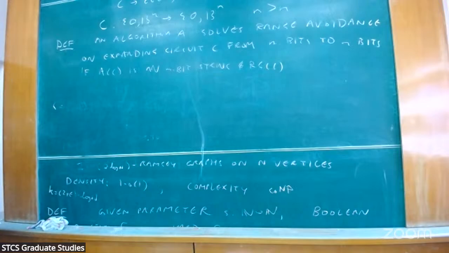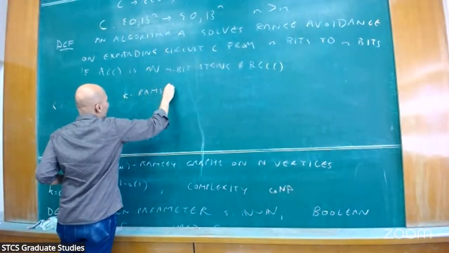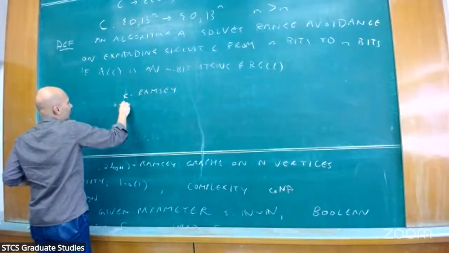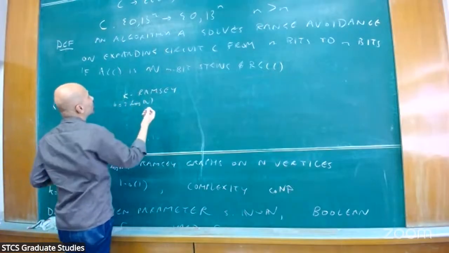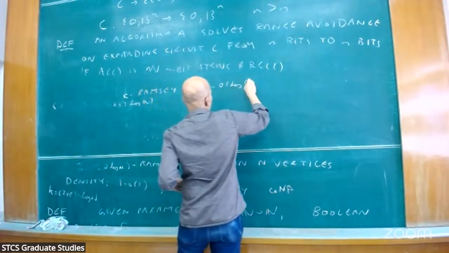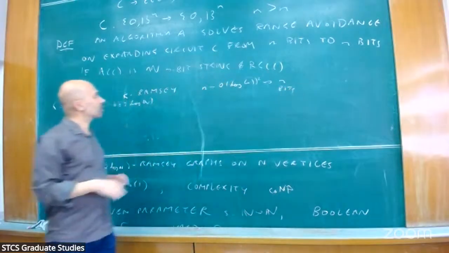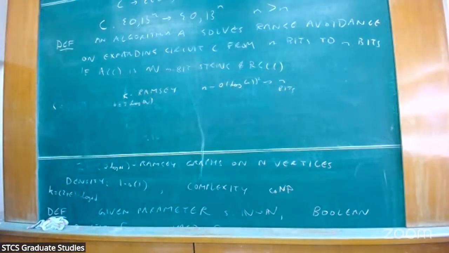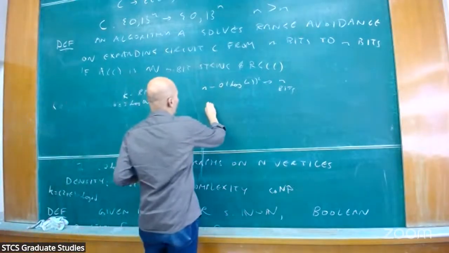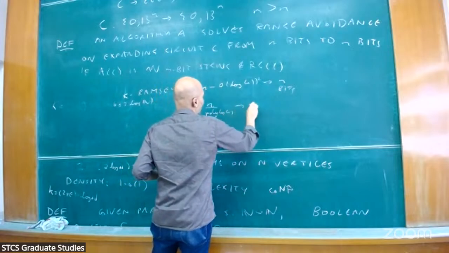Each of those problems that we defined before corresponds to some stretch. So K Ramsey, for K equals 3 log n, corresponds to a stretch like n minus O of log n squared bits to n bits. So that's not very much stretch. But rigidity, even with parameters we don't know how to construct, has much bigger stretch: something like n over polylog n bits to n bits.